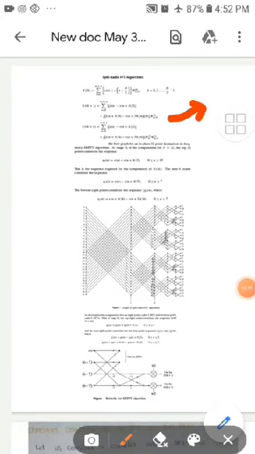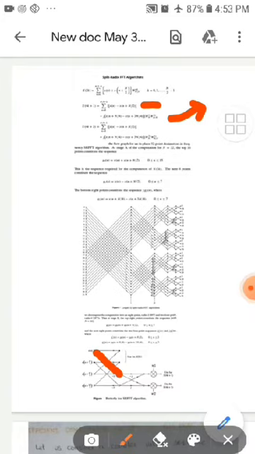So here see x of n minus x of n plus N by 2, that means this line. Here the base terminal is added with minus 1, and multiplied with W N to the power of nk.